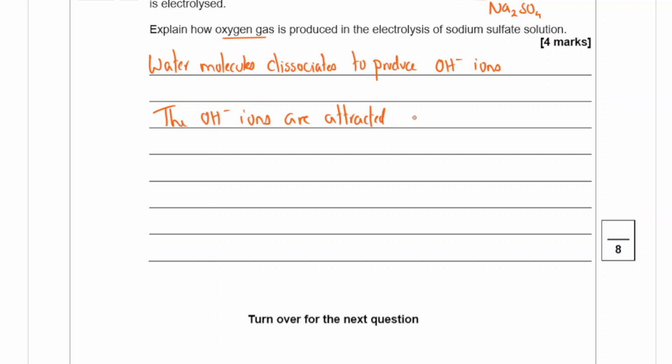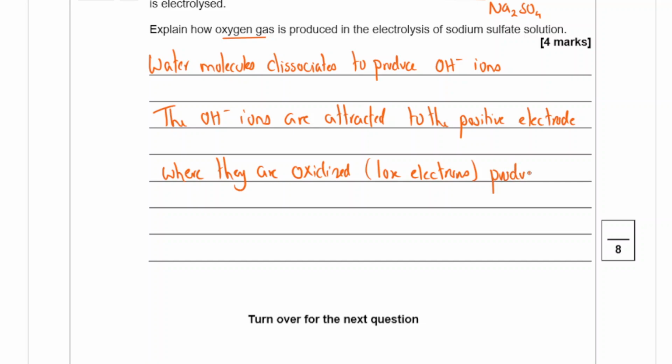The OH minus ions are attracted to the positive electrode, where they are oxidized, which means to lose electrons, producing O2.